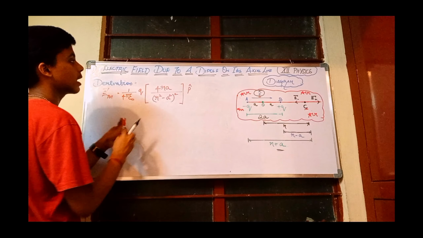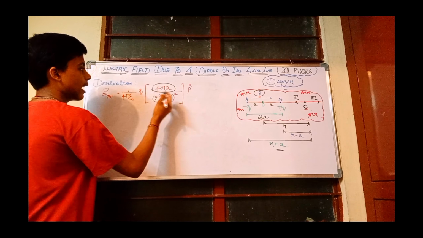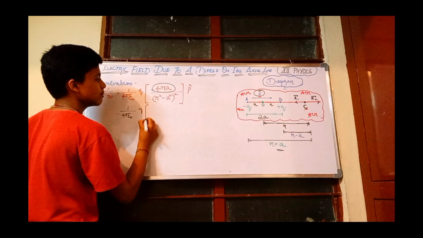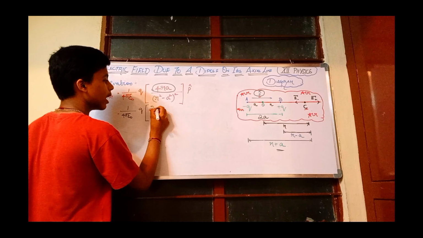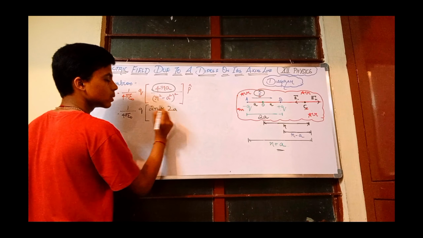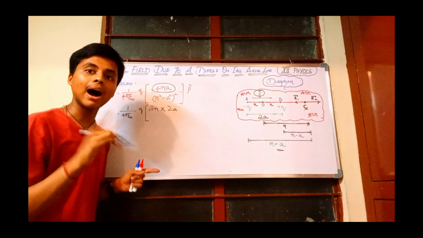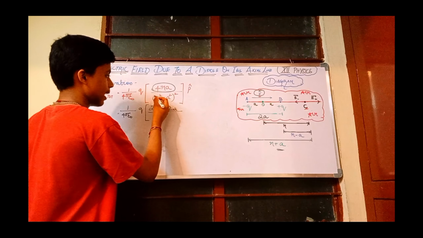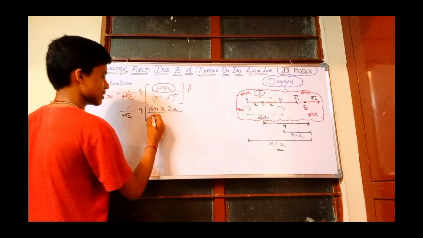Now this 4ra can be written as 1 by 4 pi epsilon naught into q times 2r into 2a, because 2 into 2 is 4 and r into a is ra. So 2r into 2a is 4ra, and (r square minus a square) the whole square remains the same.